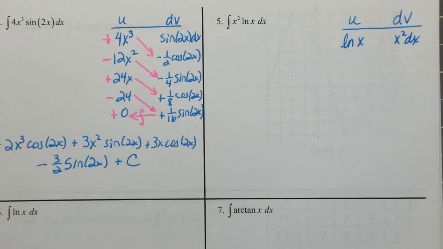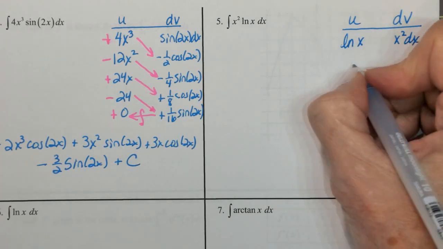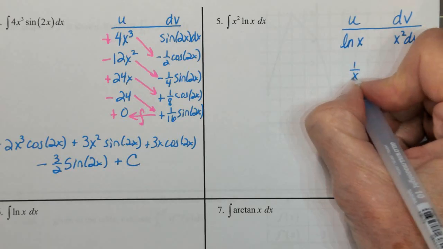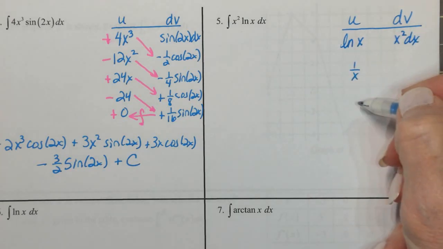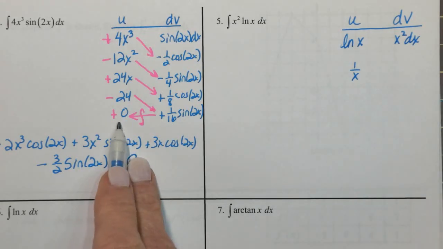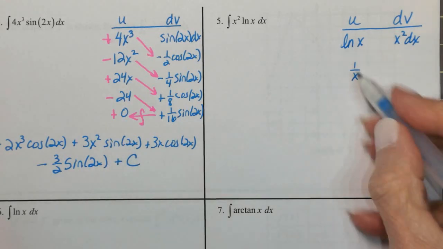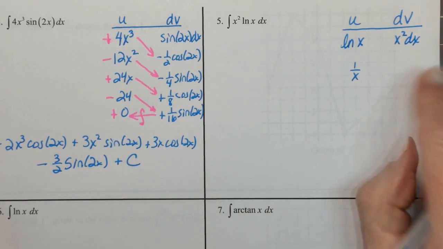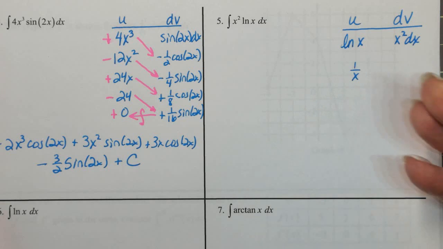When we take the derivative of ln of x, we get 1 over x. If we kept taking derivatives, would we ever get down to 0? No, we would never get down to 0. So stop. Pause here and see what happens.